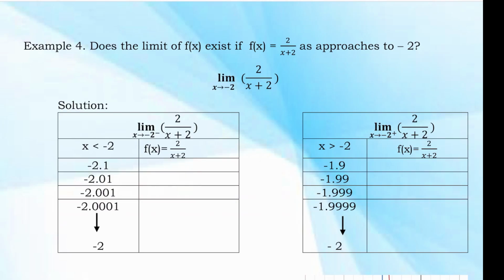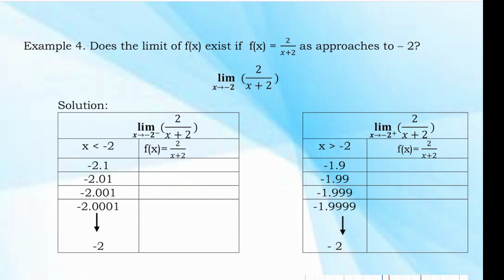Example number 4. Does the limit of f of x exist if f of x is equal to 2 over x plus 2 as x approaches negative 2? If we're going to write the limit, it is the limit of 2 over x plus 2 where x approaches negative 2.